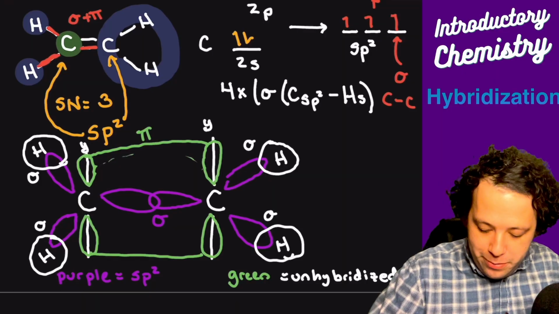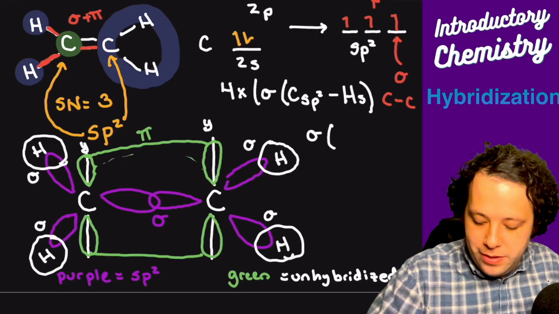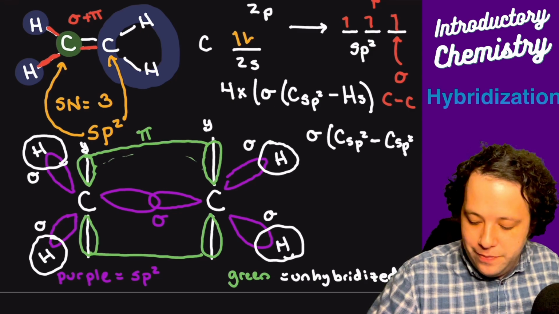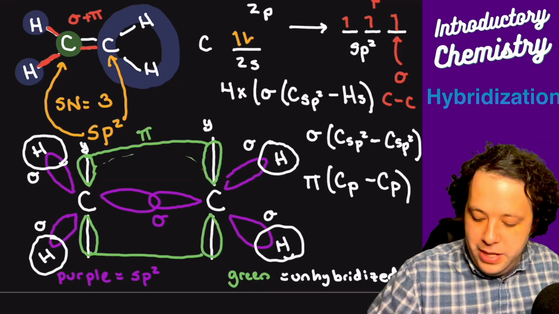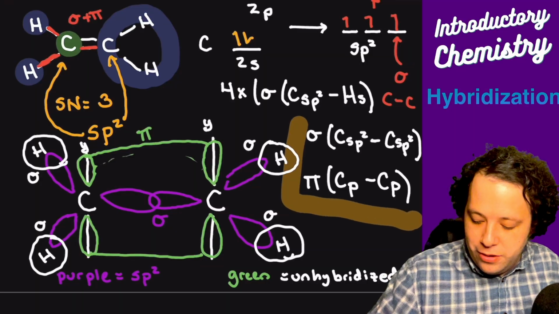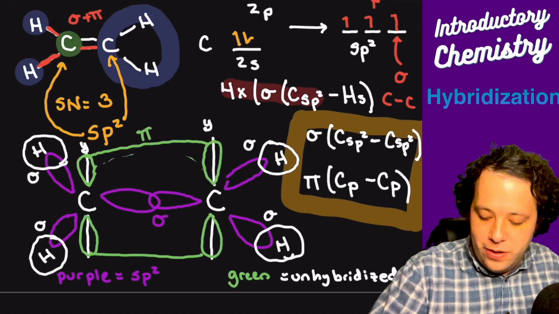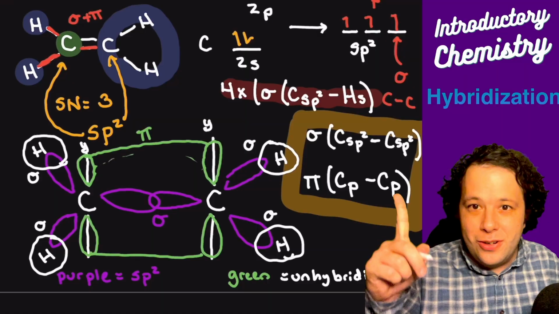Now for the double bond, you would describe it as a sigma, C sp2 going to the other carbon sp2, and then a pi bond that's C p to C p, because that's your unhybridized one. So this is your double, and the ones on top are your hydrogens. So C to H, and then carbon to carbon.